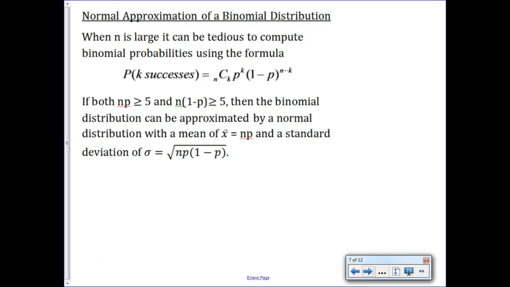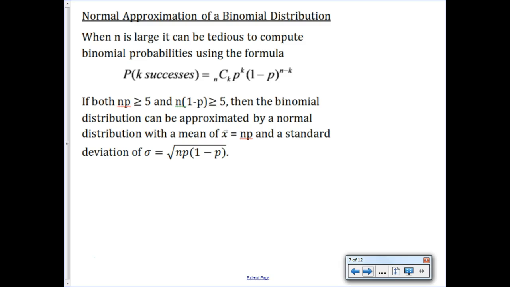So if both n times p is greater than or equal to 5, and n times 1 minus p is greater than or equal to 5, then the binomial distribution can be approximated by a normal distribution with a mean of n times p and a standard deviation, sigma, equal to the square root of n times p times 1 minus p.